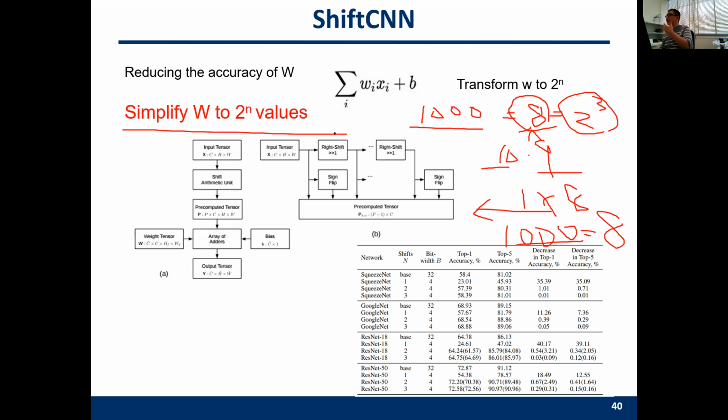You can just use a shifter and adder to do the multiply accumulation operation. So by this simplification or quantization, you actually achieve very reasonable performance here. Only 1% or less than 1% accuracy degradation.